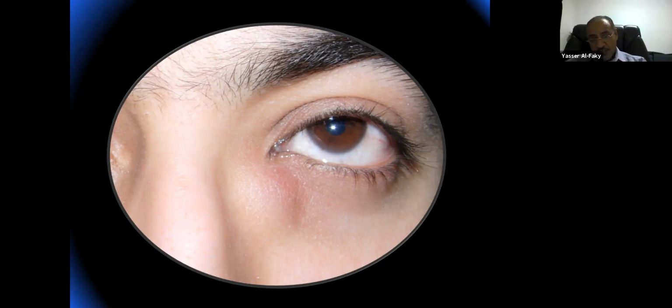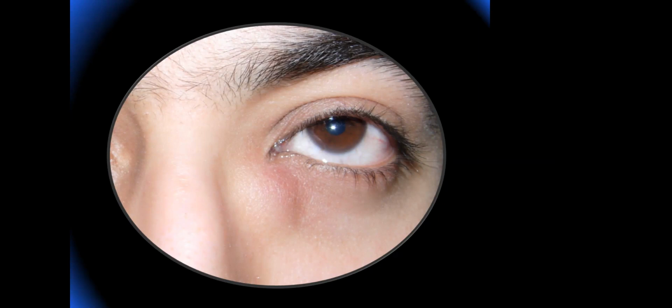Yeah, just tell me what you see and what you expect to have. Okay, I'm seeing a lower lid medial mass that doesn't look erythematous or painful for the patient. I can't see signs of inflammation. If it is quiet, in this case I would like to rule out a mass, a tumor, since there is no significant inflammation.